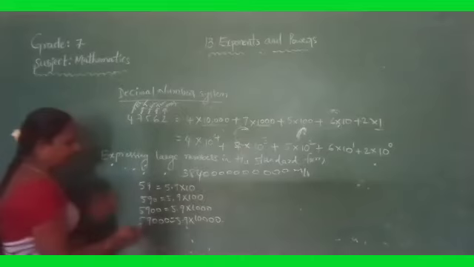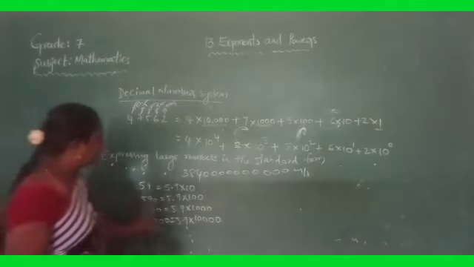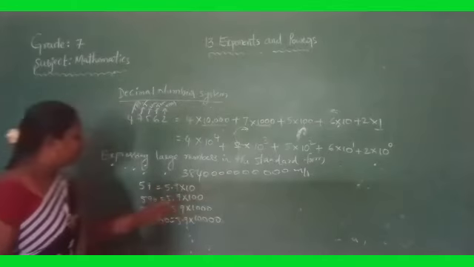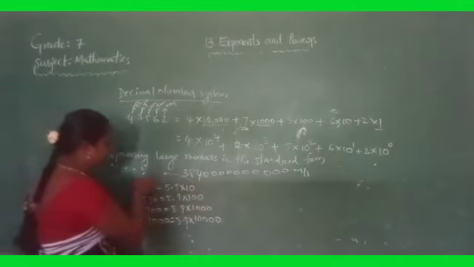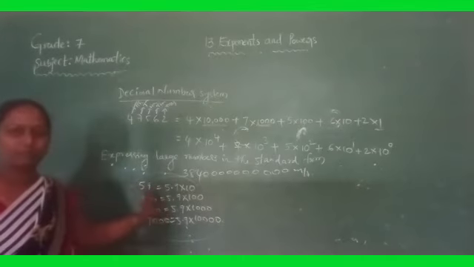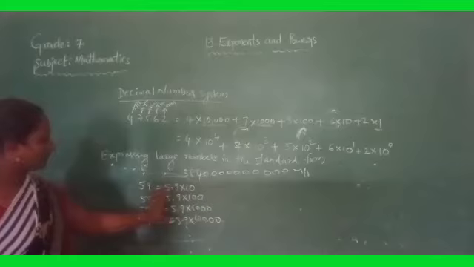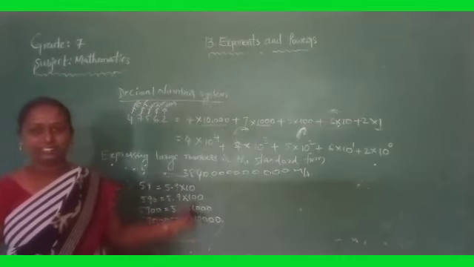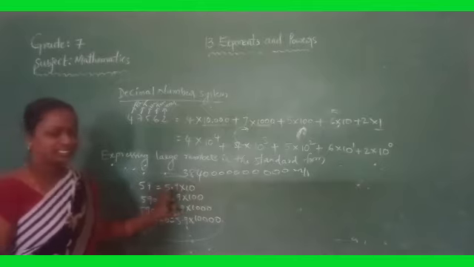If you write like this continuously, one digit increases each time. If you observe, all these numbers are in the standard form.